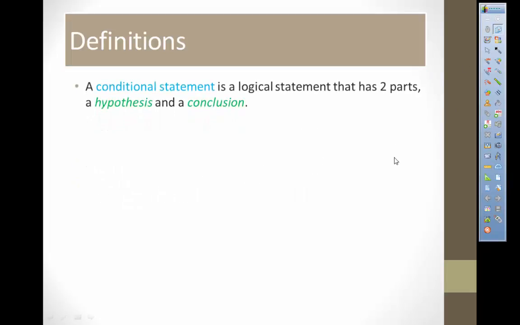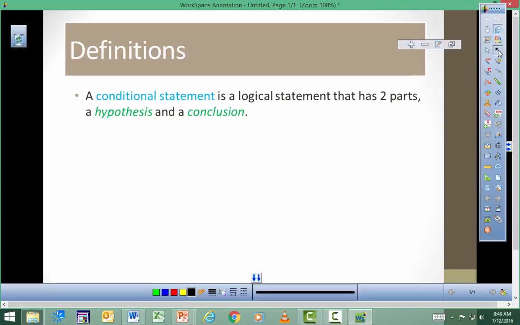So what is a conditional statement? Well, it's a logical statement that has two parts, a hypothesis and a conclusion. Now, for simplicity, I'll be using some letters to help you keep this straight.